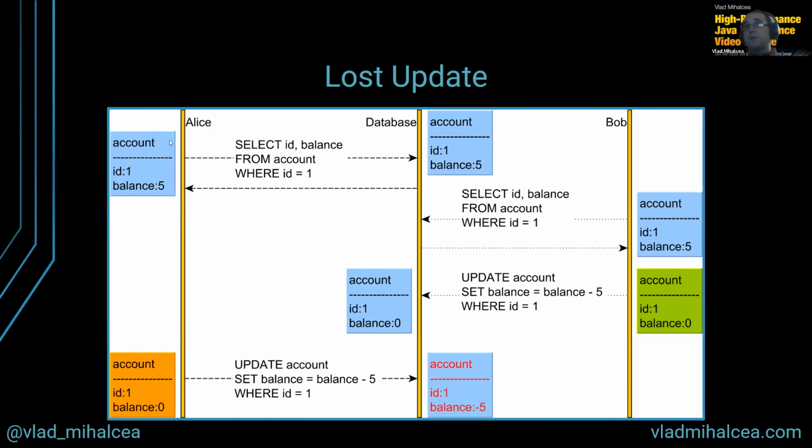So what's a lost update? Lost update means that multiple transactions read a value, and then everyone thinks that they are going to do a modification against the value that they read. But at the moment they are doing the modification, the value has already changed.